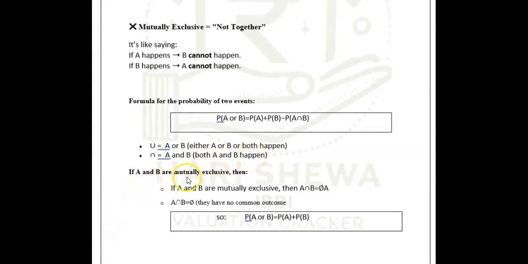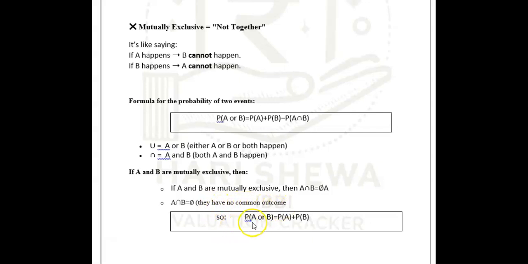If A and B are mutually exclusive, then A intersection B is equal to theta, that will be zero. They have no common outcome.